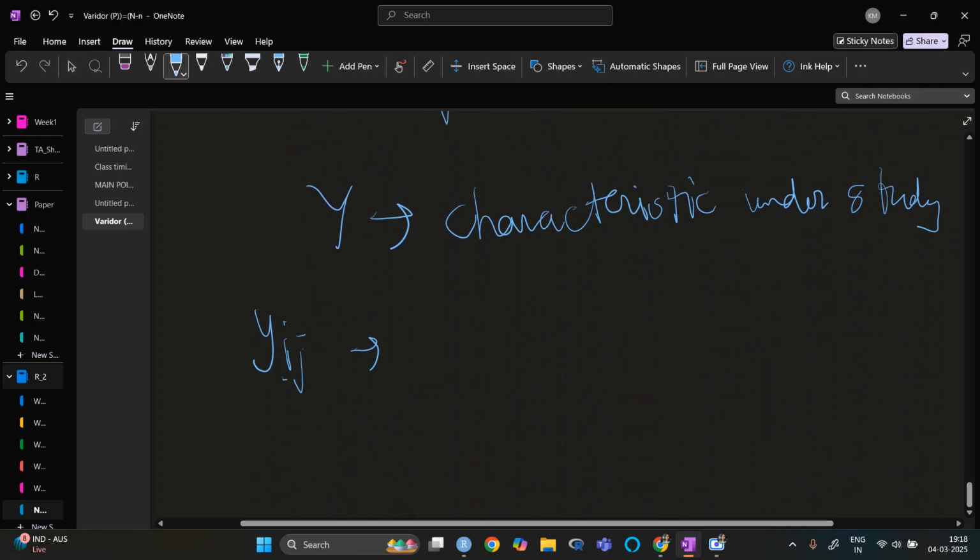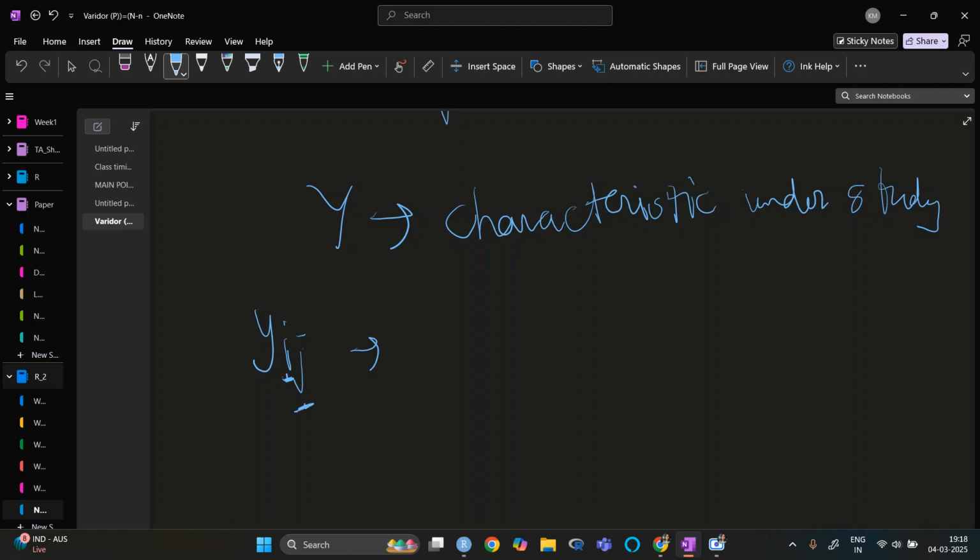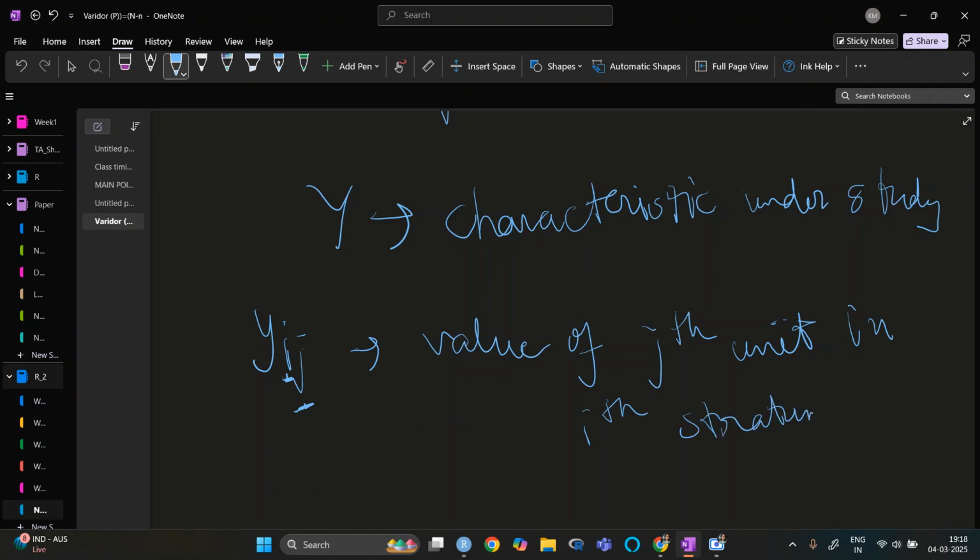So you need to remember that the first index i is the ith stratum and j is that unit, so the value of the jth unit in the ith stratum.